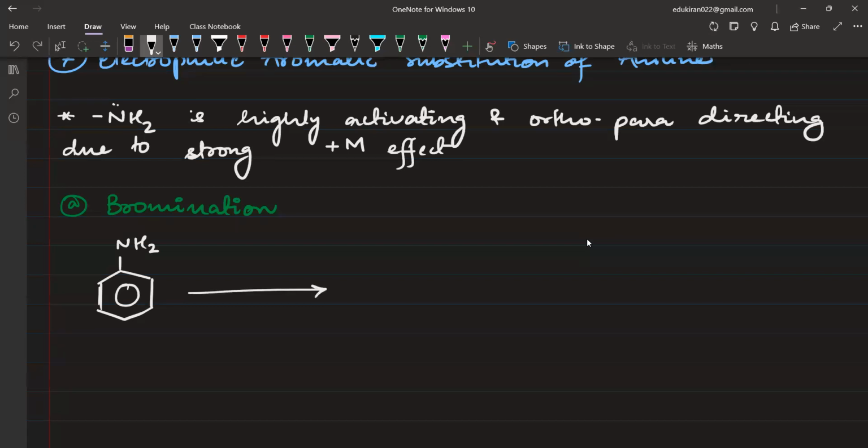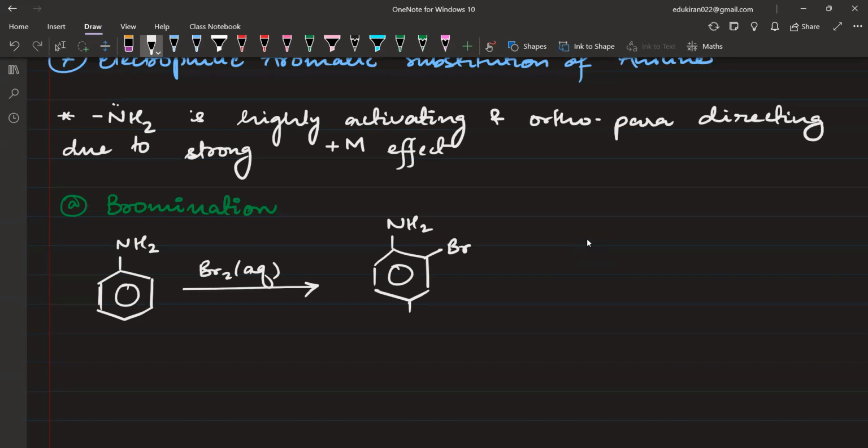We're just going to use bromine water, Br2 aqueous, and we will get tri-substituted aniline. NH2 is as it is. All the ortho and para positions of aniline are attached with bromine. Now, why does it give a tri-substituted product? It gives a tri-substituted product because of strong plus M effect.